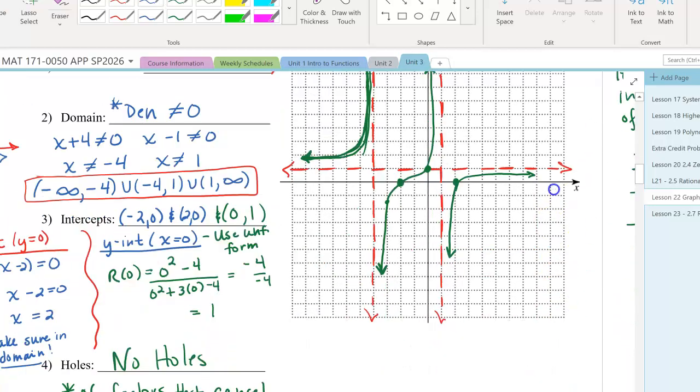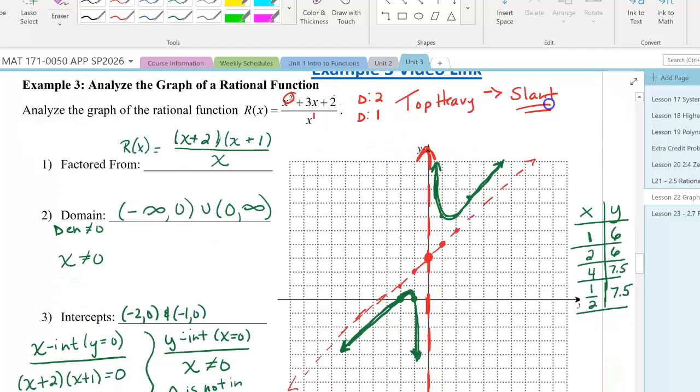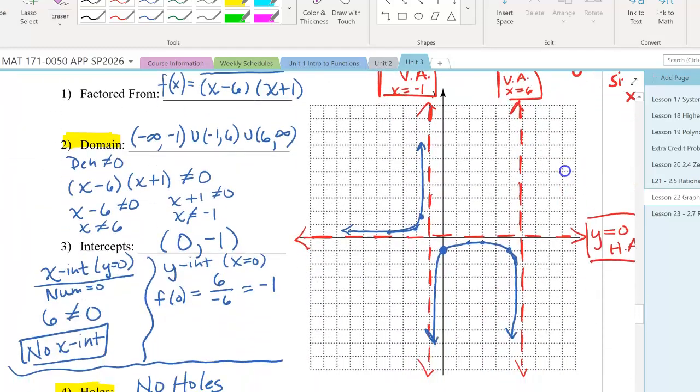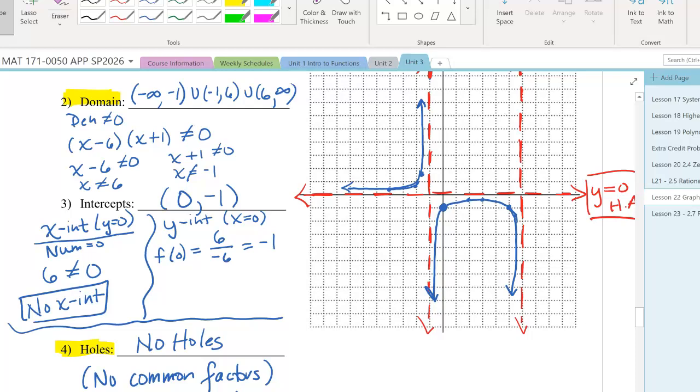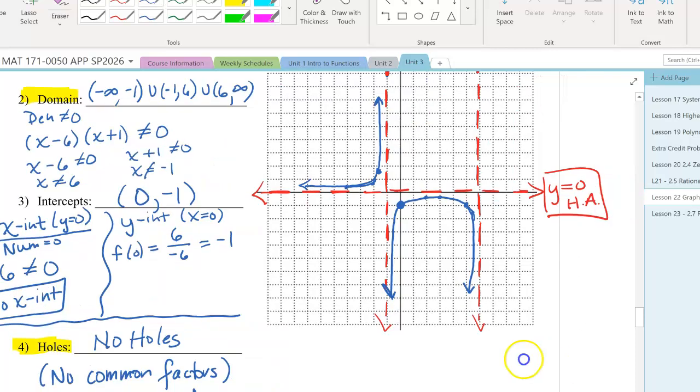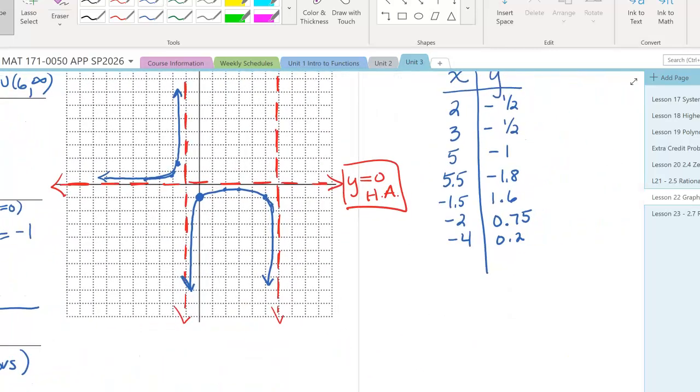So if I go back to example 4, x plus 1 was only a factor once, so the multiplicity is 1. That means if it's going down over here, it's going to go up over there. Same thing with x minus 6, so I can imagine that I'm going to have a section over here very similar to this graph. But let me give you some values just to show you that.